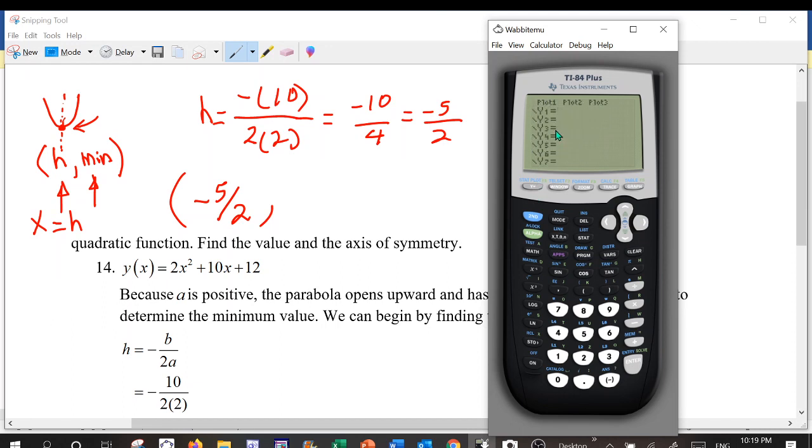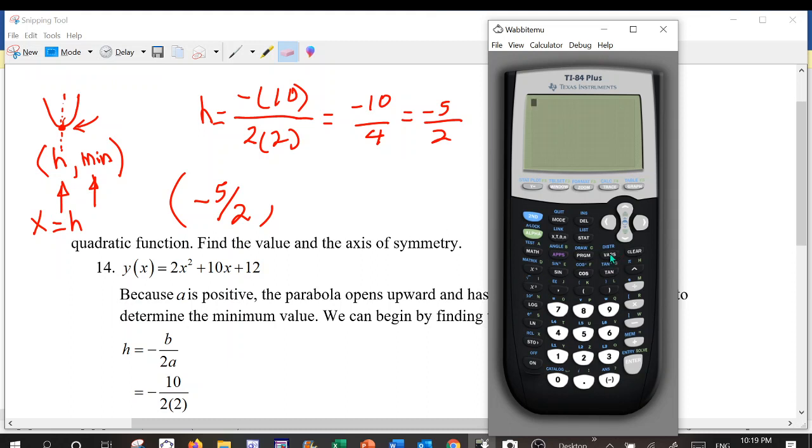We put this function in y1: 2x squared plus 10x plus 12. So this is y1, that's our function. Then we go to the home screen, and we find y1 in the variables.